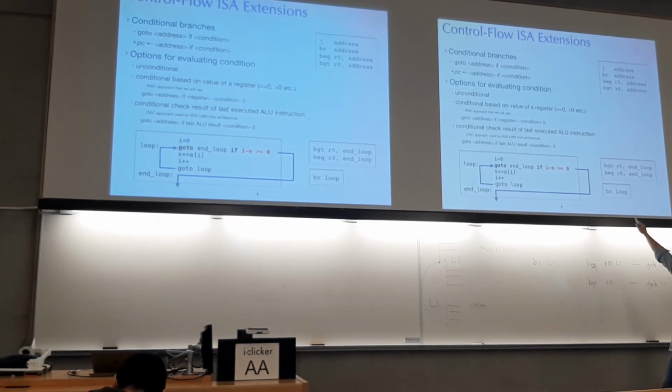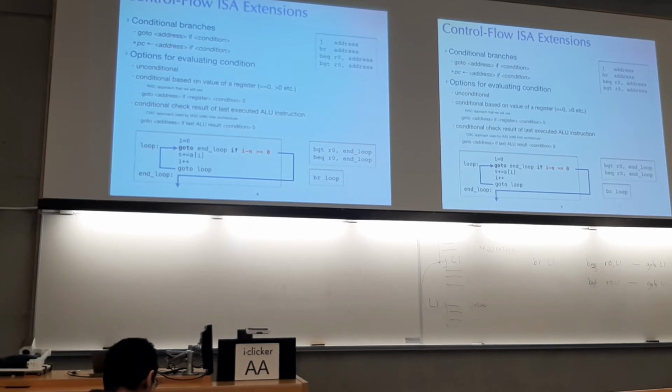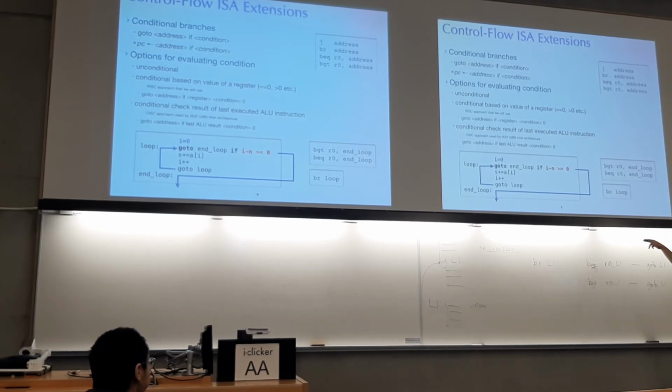So that part in red there, that comparing I to n, has to be normalized into a comparison to 0. And one simple way to do that is if I'm counting up to n and I want to get out of the loop, when I hits a certain number, I might just subtract that number from I, and put it in a temporary variable, and then use that temporary variable as the comparison. That's what we'll do in the assembly language.